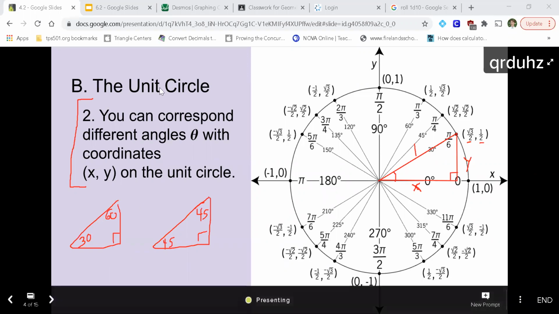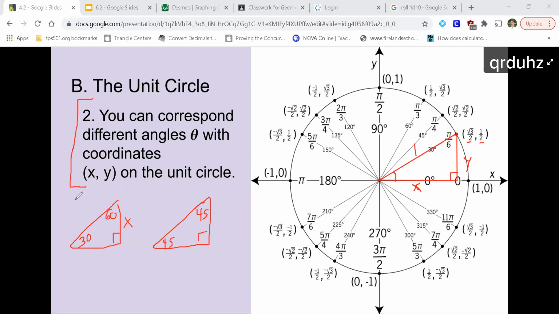For the 30, 60, 90, if we say the short edge is x units long, then the hypotenuse is twice that, and the long leg is x square root of 3 times long. For a 45, 45, 90 triangle, the legs are the same length, and the hypotenuse is x square root of 2, or square root of 2 times longer than the legs.